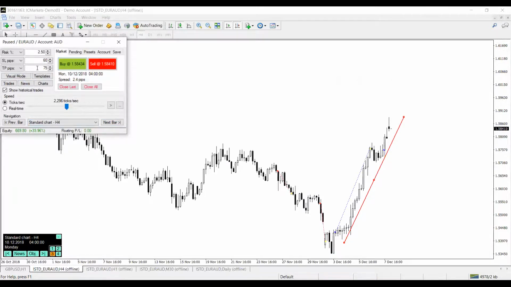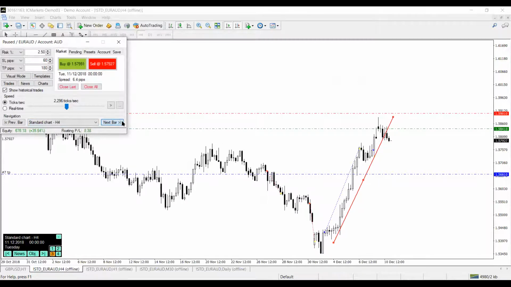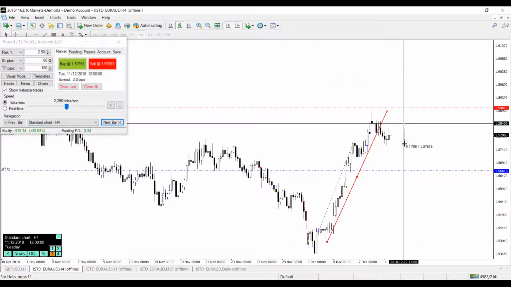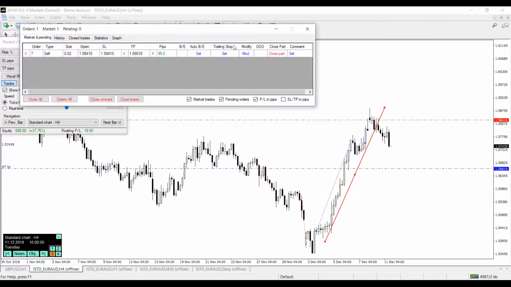60 and then 180. Sell. This is what, 60. Looking for 90 pips to break even. 90 pips to break even.